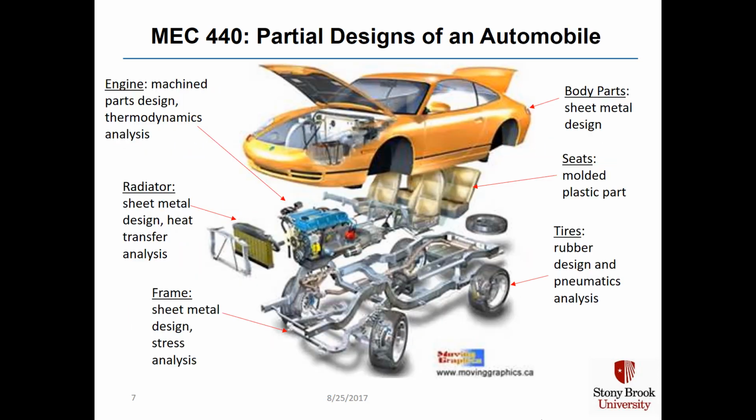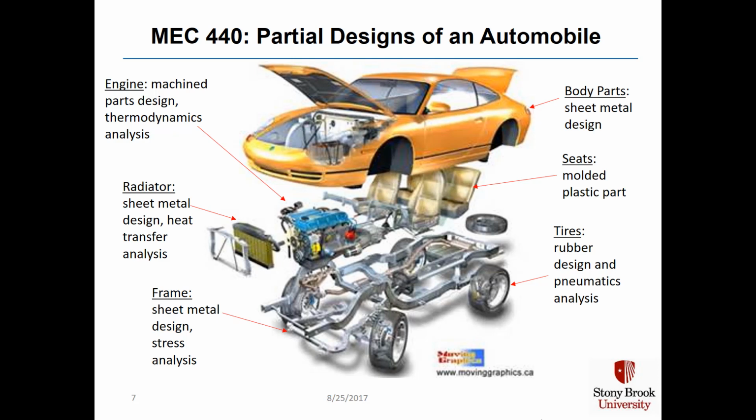This slide shows the partial designs of a gasoline-powered automobile, depicted as major systems in this diagram. The engine is the heart of the car. Machine parts design and thermodynamic analysis are the major skills engineers need to design the engine. Moving counterclockwise around the frame, you see the radiator system, which keeps the engine at operating temperature.